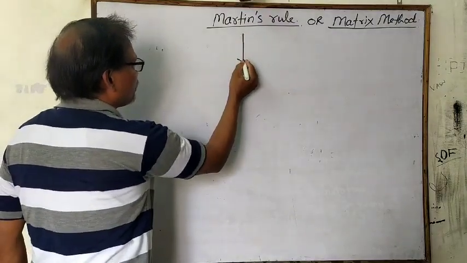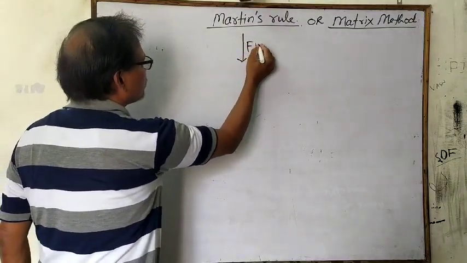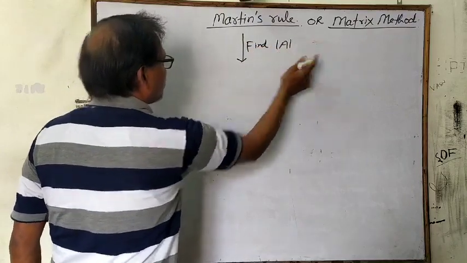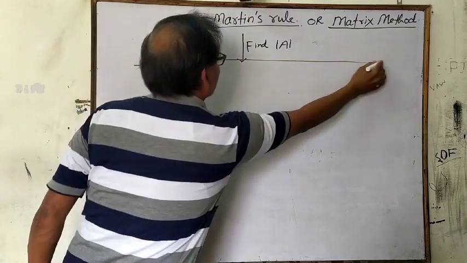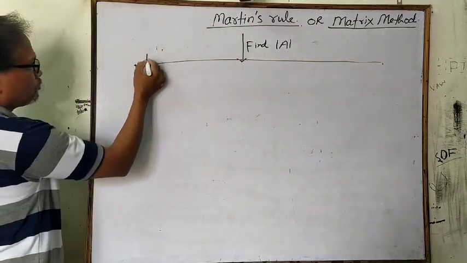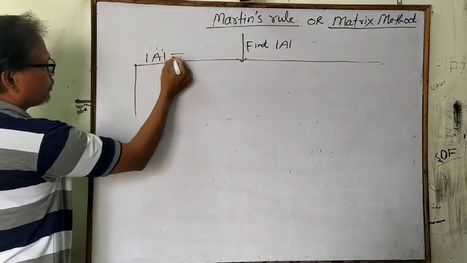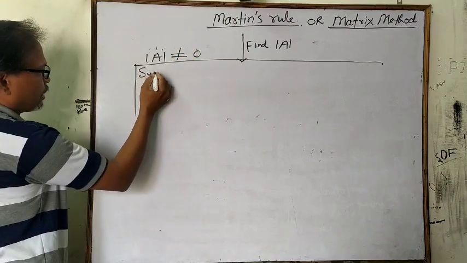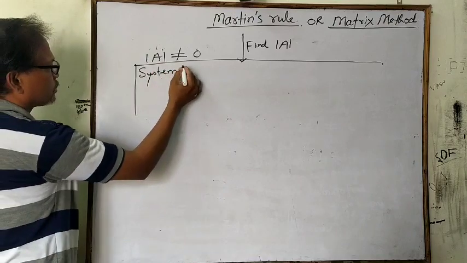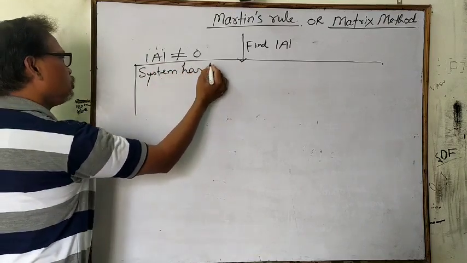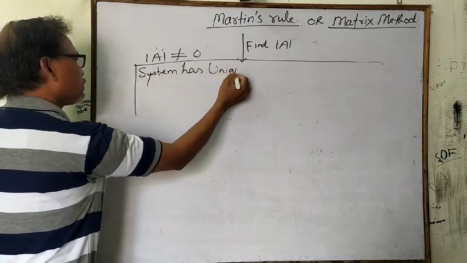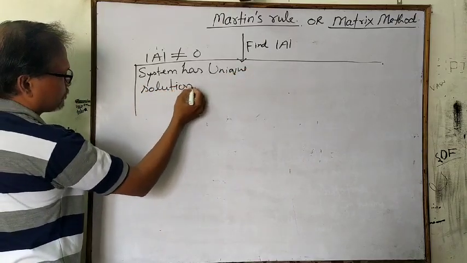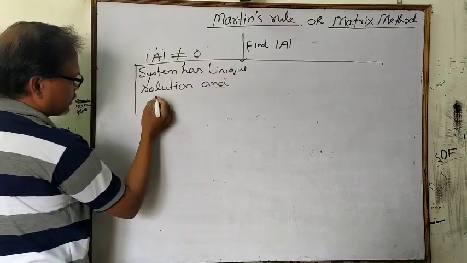First of all, we find the modulus of A. In the first case, if modulus of A is not equal to 0, then the system has a unique solution and is consistent.